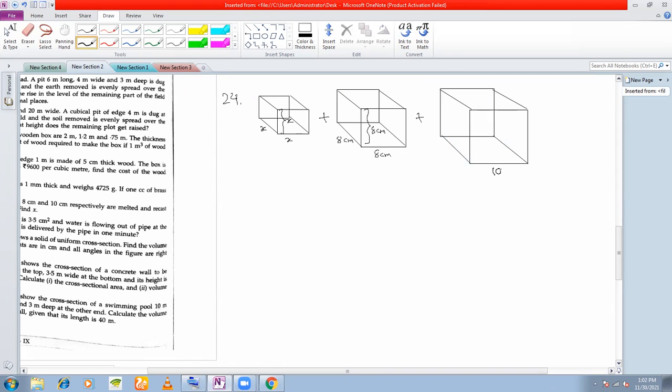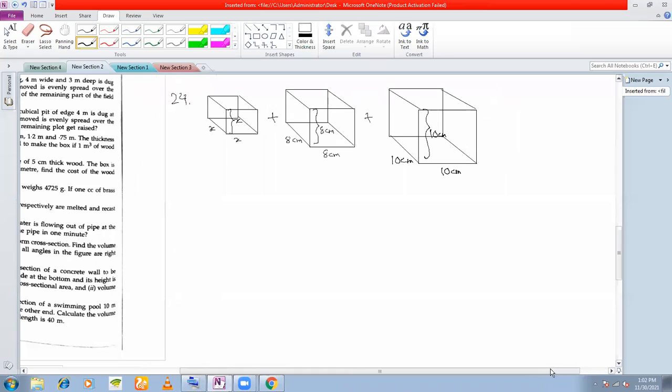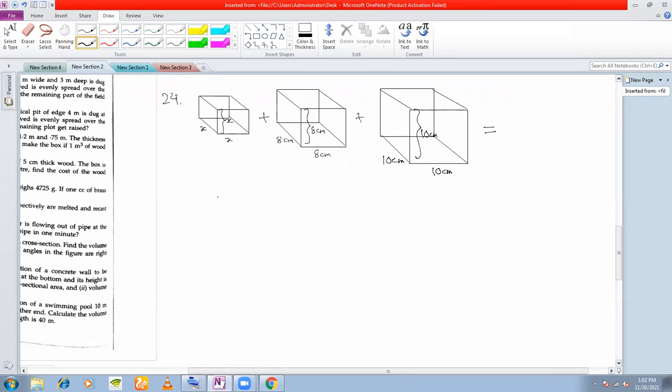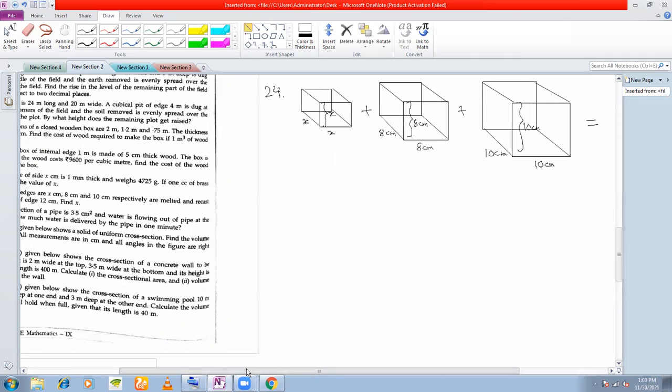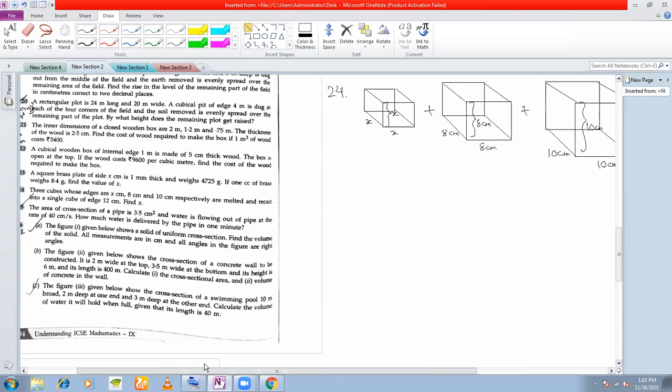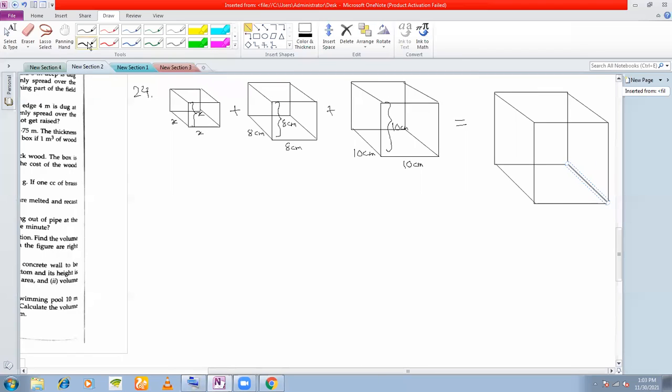This has edges 10 centimeter each. Out of these three cubes, you are melting each cube. Let's say it is made of tin, and you are melting this and you are making it into a bigger cube, obviously. And this edge is also given to you. If you see the question, it states that this cube is of edge 12 centimeters.